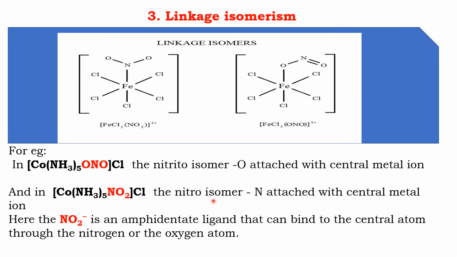So it is called the nitro isomer, while if it is bonded by oxygen, it is called the nitrito isomer. So here NO2 minus is an amphidentate ligand. From the name itself we can make it out. Linkage isomerism means it should contain amphidentate ligands like SCN minus or NO2 minus.